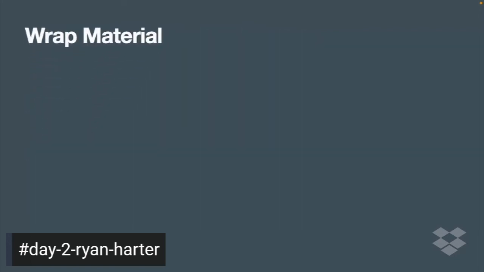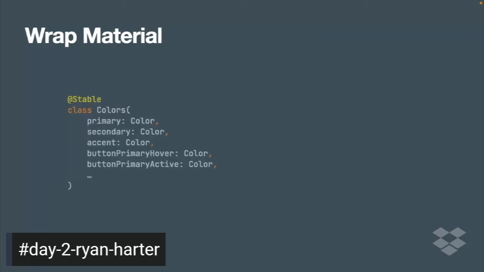The big thing here is similar to replacing Material's token systems. We have our own colors. It might look like Material because we have primary and secondary, but they mean different things than Material's primary and secondary, which gets real confusing. But we've got our own color tokens.